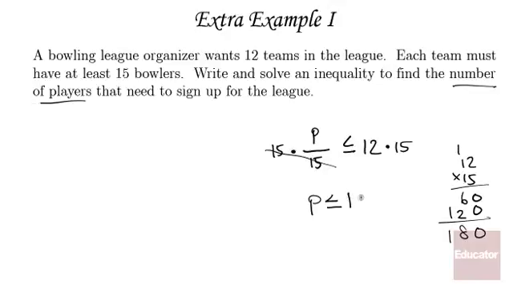So he wants to ideally have 180 players trying out for the leagues. But if there's less than 180, that's fine too, because he won't go over his 12 teams, the organizer. So 180 people need to sign up for the league.